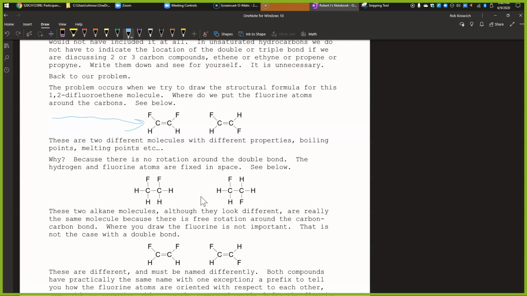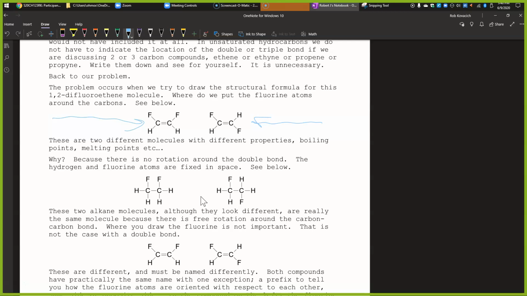It's 2 fluorines, right? So it's difluoro. Can you give me the numbers of the position of the fluorines? That's it. This is 1,2-difluoroethane. What about this one here? Sorry, ethene, not ethane. It's the same. And that's a problem.